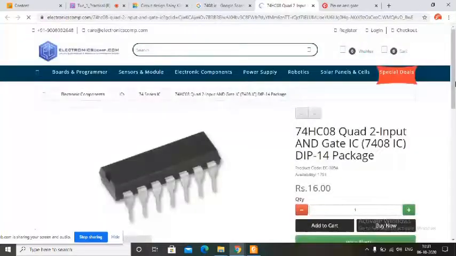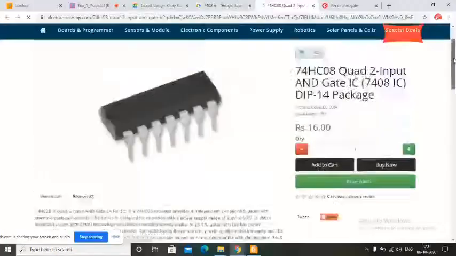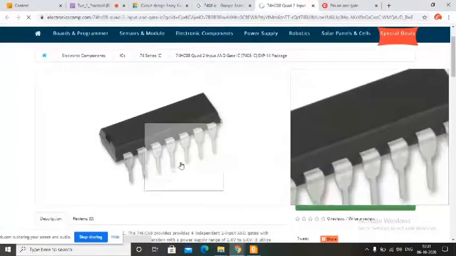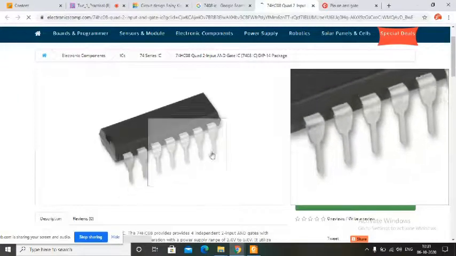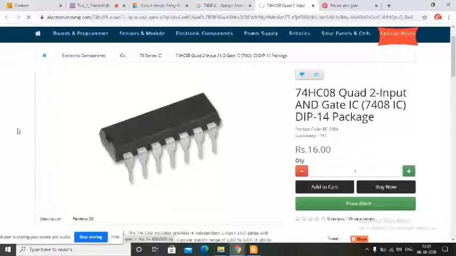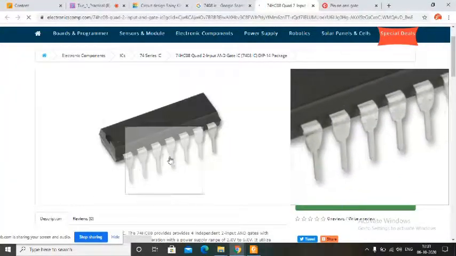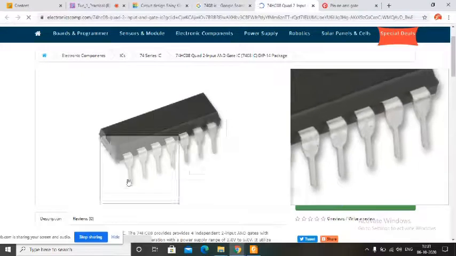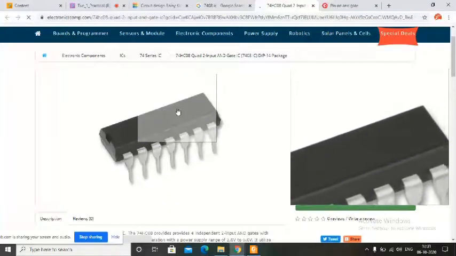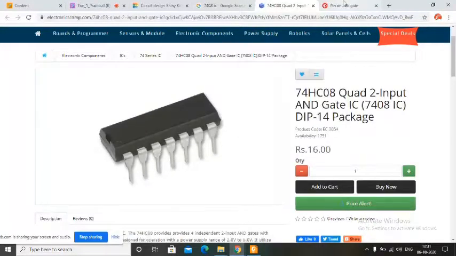So in actual, it will look like this, right? These are the pins, right? One, two, three. Seven will be on one side and seven will be on the other side. One, two, three, four, five, six, seven, right? So total 14 pins are there, right?